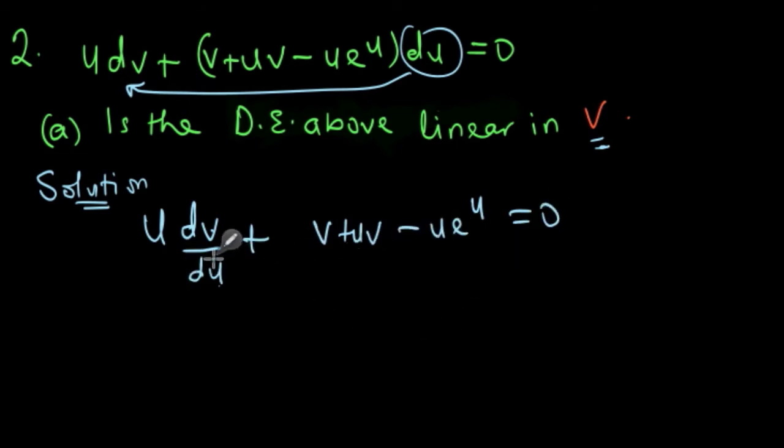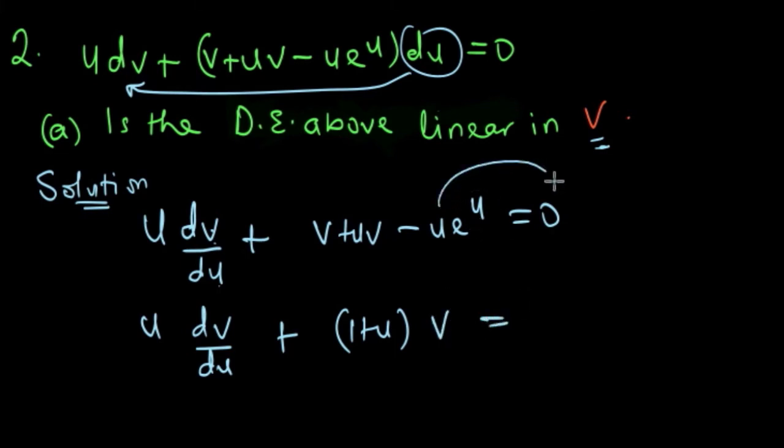Writing this in standard form, since we know this is staying alone, we have u dv/du plus, now here v is common, so you have (1 plus u) times v equals, we can bring this to this side, so we have u e^u.